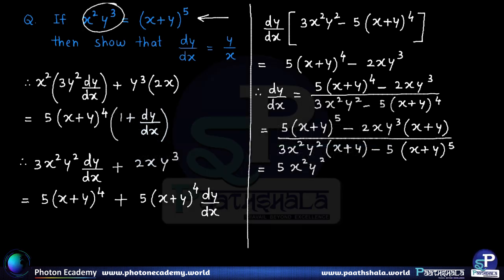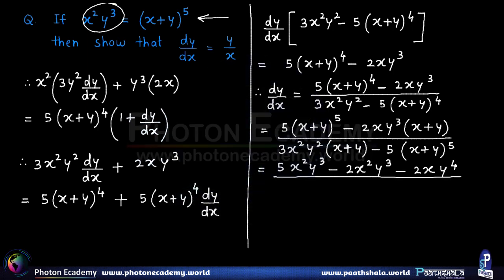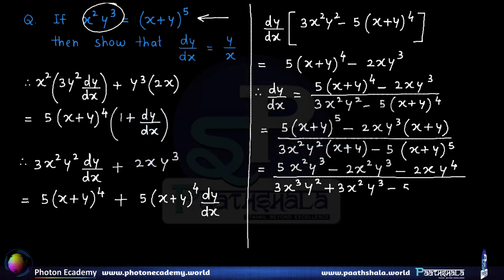So that is 5x²y³ minus, now let us expand that second term. So here we will get 2x²y³ minus 2xy⁴, whole divided by, below also let us expand the term, we will get 3x³y² plus 3x²y³ minus 5 into, once again let us replace (x+y)⁵ by x²y³, right?